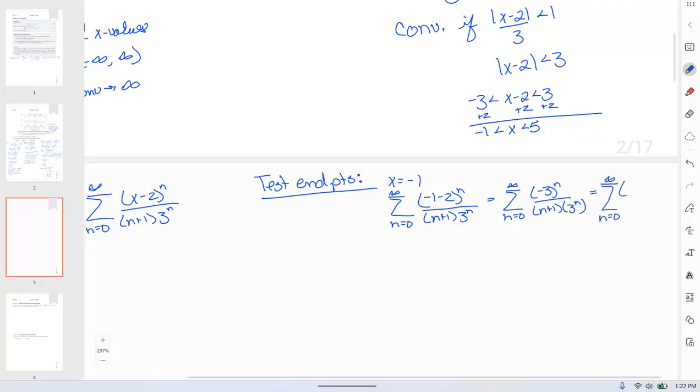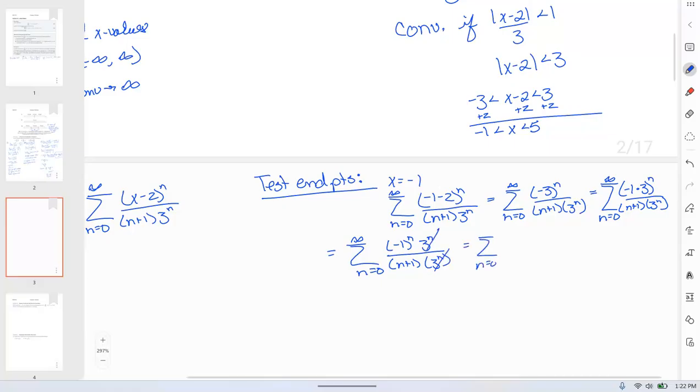I could think about -3 as -1 times 3, raised to the nth, over (n plus 1) times 3 to the n. And then I can write this as (-1) to the n times 3 to the n over (n plus 1) times 3 to the n. And we're going to see those 3 to the n's cancel.